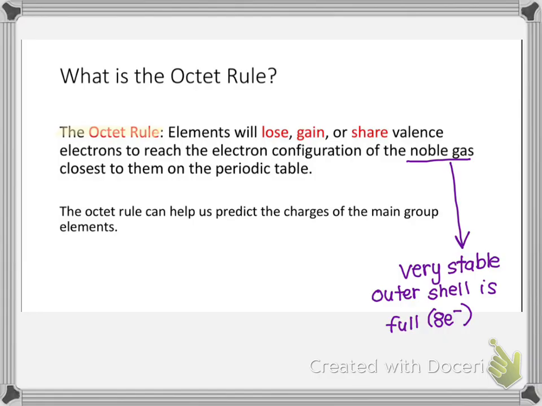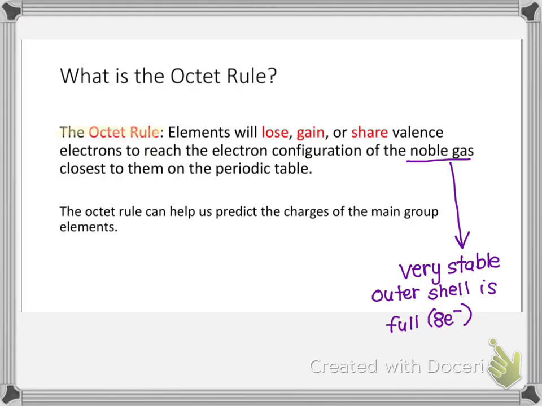And all the other elements want that stability too. So they will, of their valence electrons, not the core, not the ones below the valence, but of the valence electrons, they will gain or lose those to get to the number 8. Okay, so that's how we're going to predict. And I have a couple examples where we'll look at electron configurations to see what that octet rule is saying.